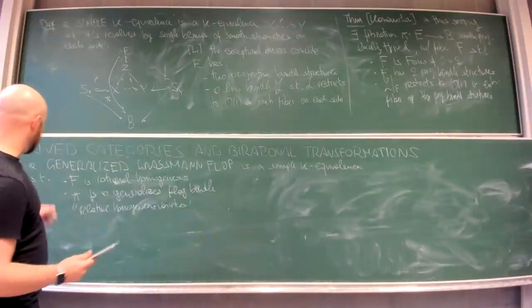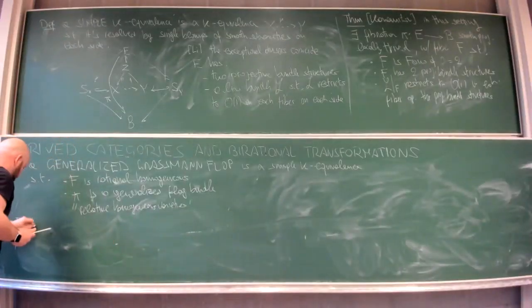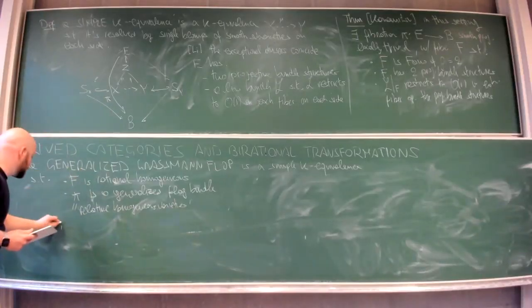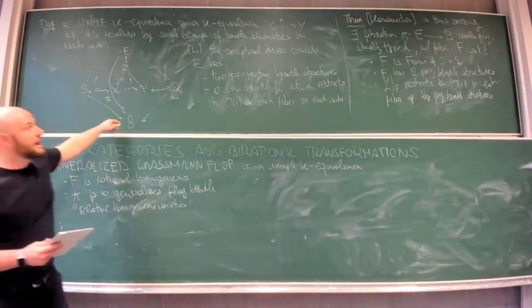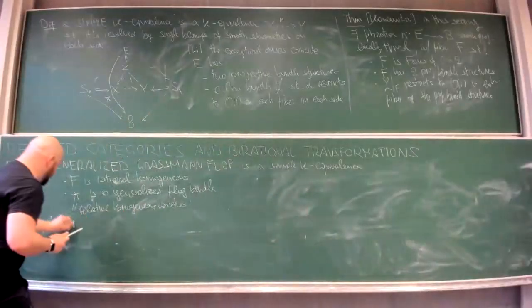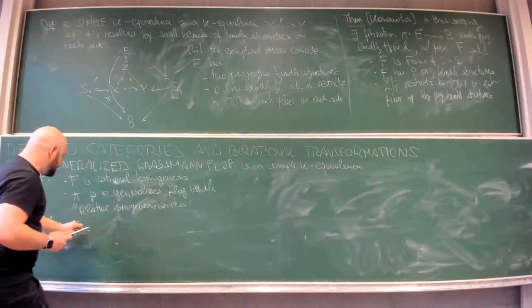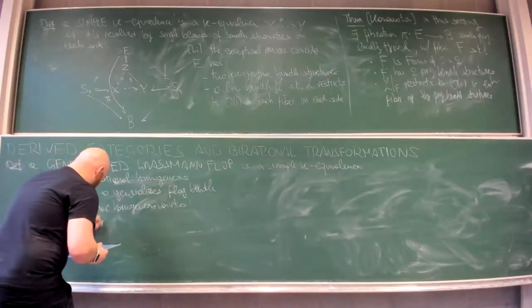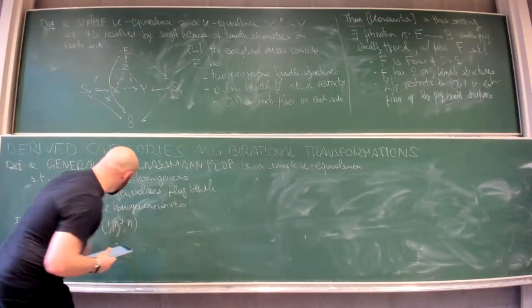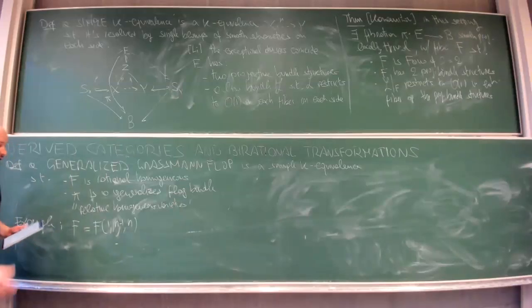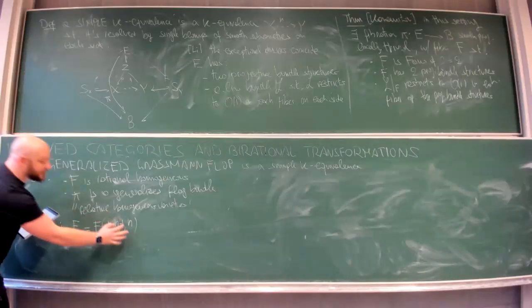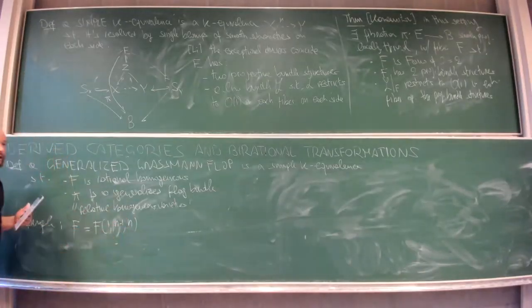It's quite simple. If I give you an example, you can consider an example where F, which refers to this diagram here, is, I don't know, the flag variety F(1, n-1, n), which parameterizes pairs of a line and an (n-1)-space, such that the line is contained in the (n-1)-space, everything contained in this n-dimensional space.